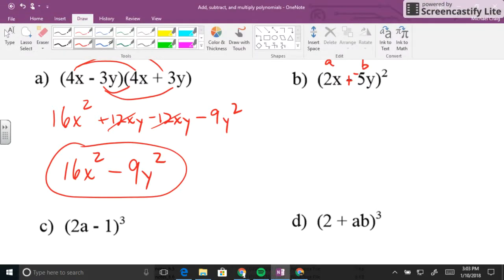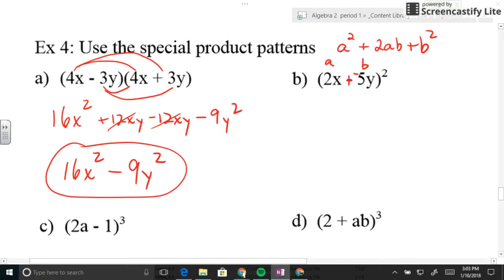So all I have to do is everywhere I see an a, I just replace it with a 2x. So I put in parentheses 2x squared plus 2 times a, which is 2x, times b, and b, I'm going to replace that with a negative 5y here, plus b squared, which is a negative 5y in parentheses squared.